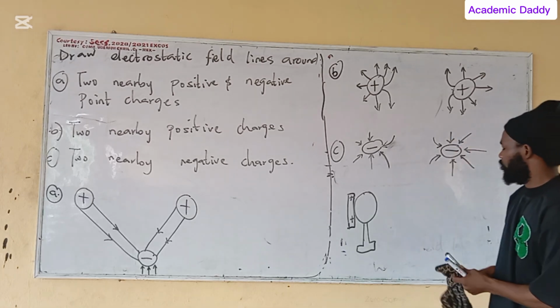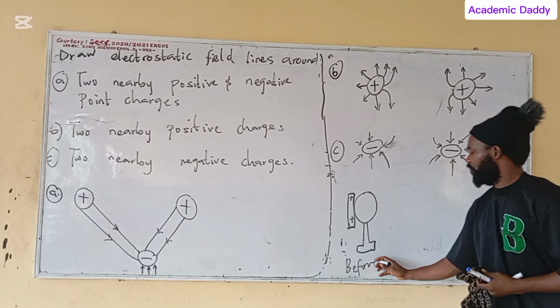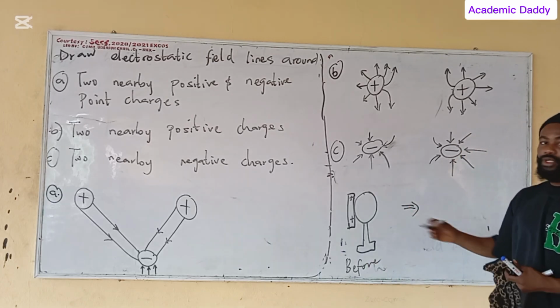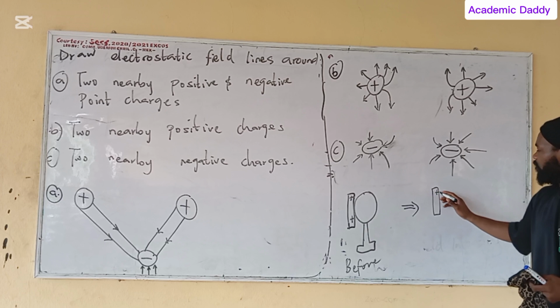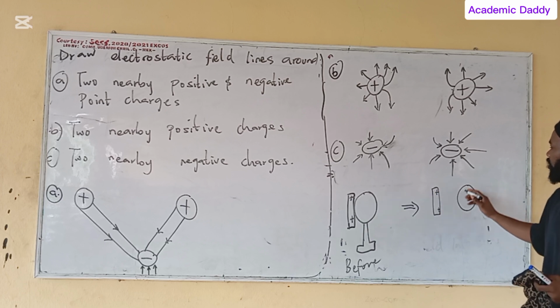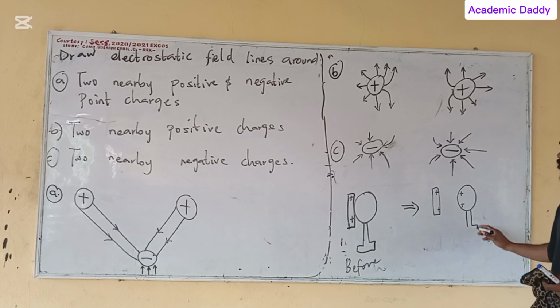By the time they are done touching, this is before. After, anything in contact will leave with the same charges, and this sphere you see here will now have the same charges. It will still be positive.